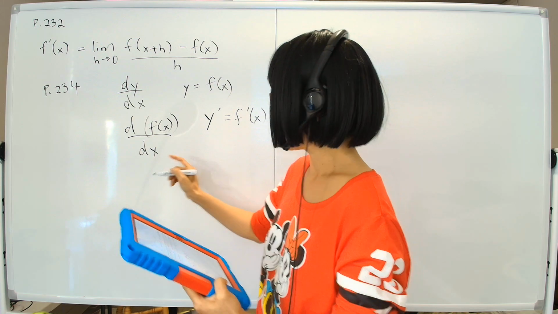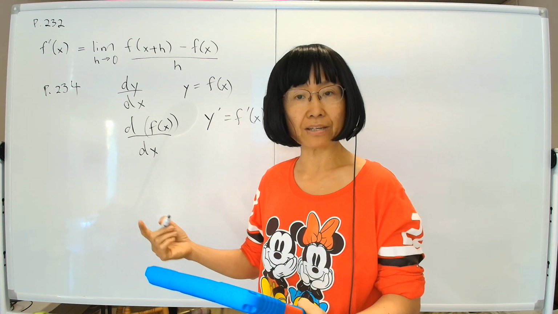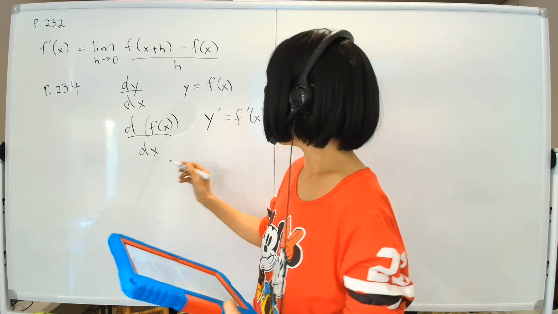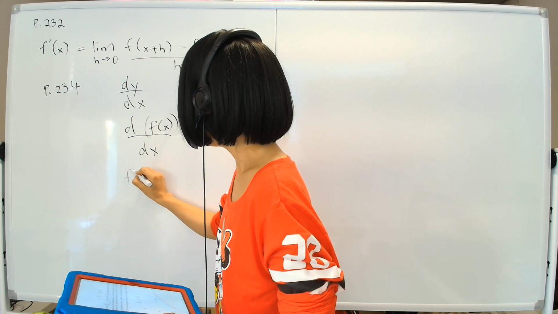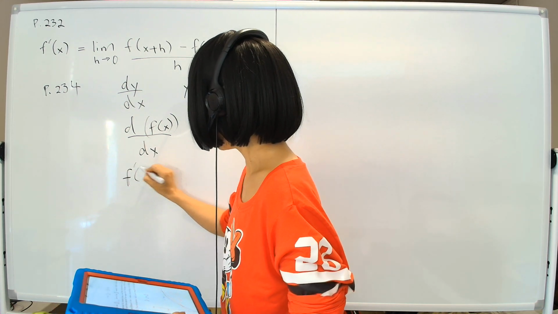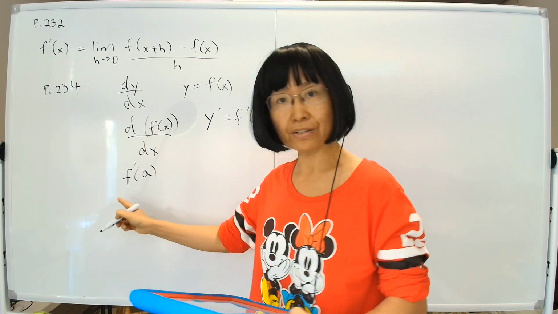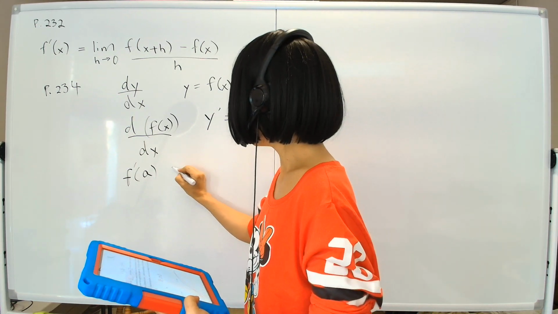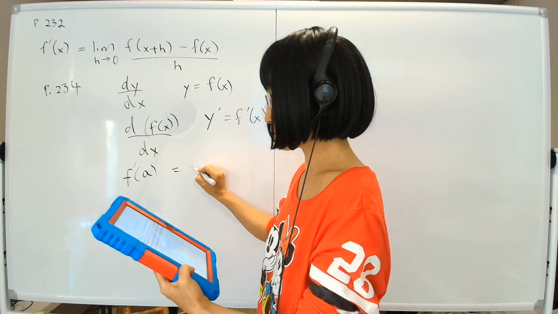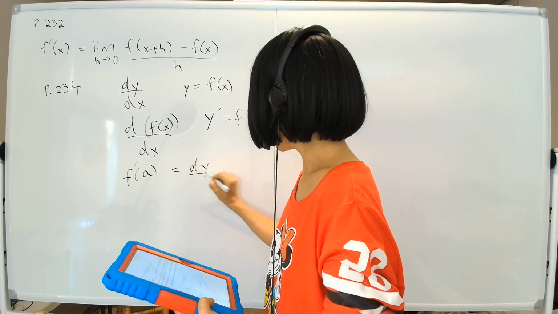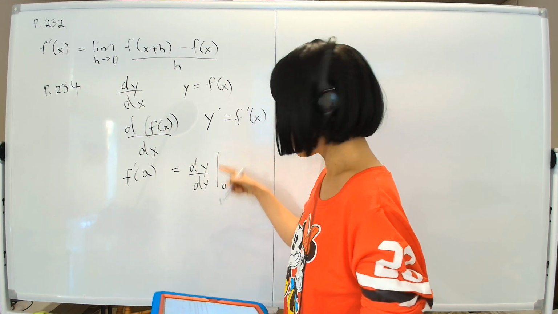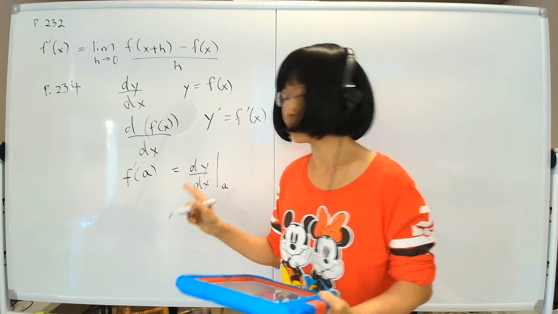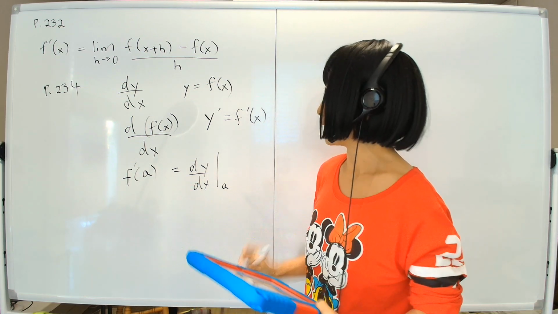Oh, one more thing. The derivative at a certain point, that is f prime of a, which is the derivative at the point a, can also be written like this: dy by dx at a. See this long straight line down there? It means the derivative is being evaluated at a.